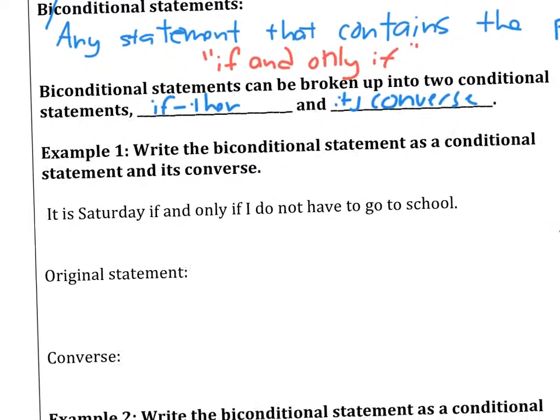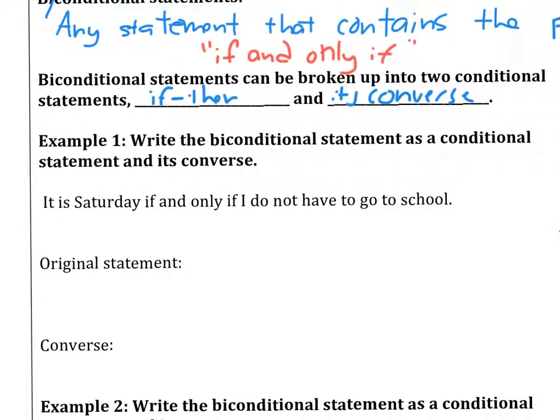So let's write this biconditional statement as a statement and its converse. It is Saturday, if and only if I do not have to go to school. Because I see the if and only if, I know it's a biconditional statement. Again, we're not thinking about true or false, we're just thinking about form. So my original statement, my if-then statement, the easiest thing to do is just to delete the if and only if, put the word then in front, and attach the if in the front.